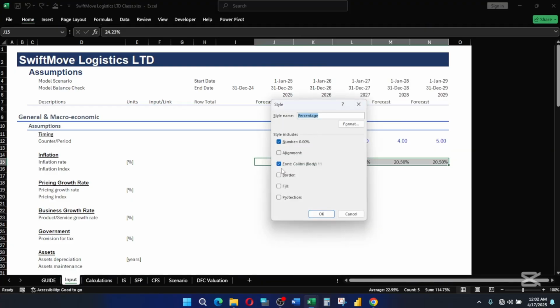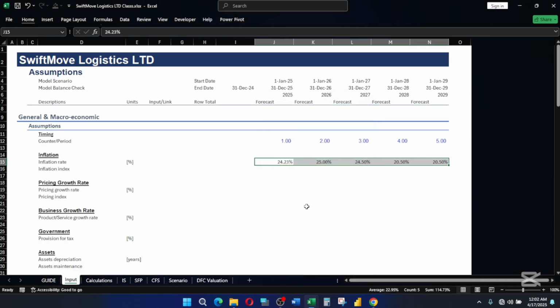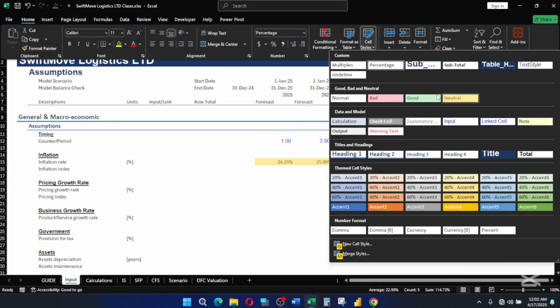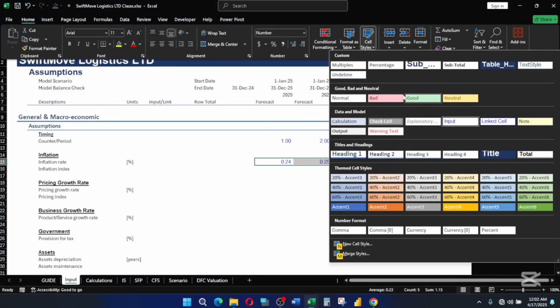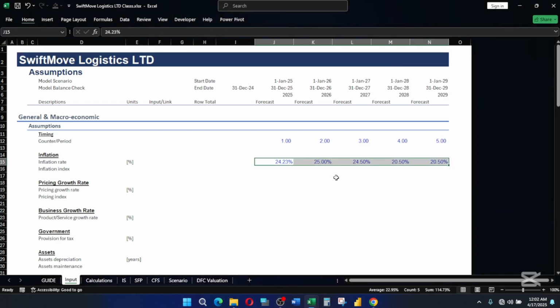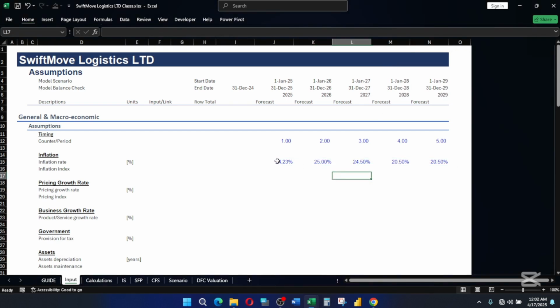Modify this percentage and remove this, so that it should take the same color. It's an input value. It should not take the hard-coded color. So it's an input, and now we are going to calculate our inflation index.